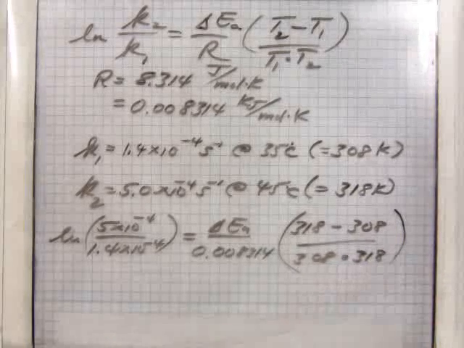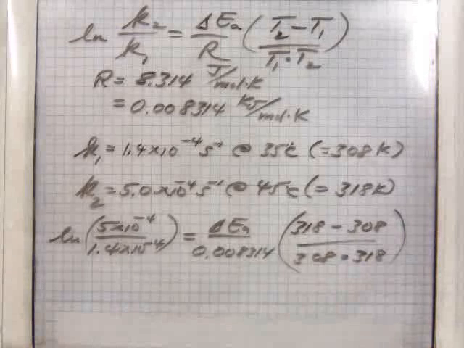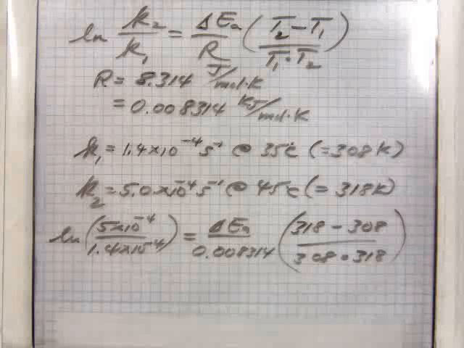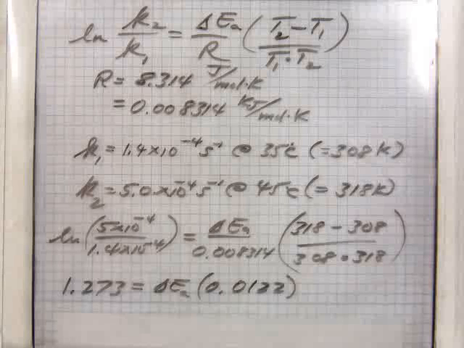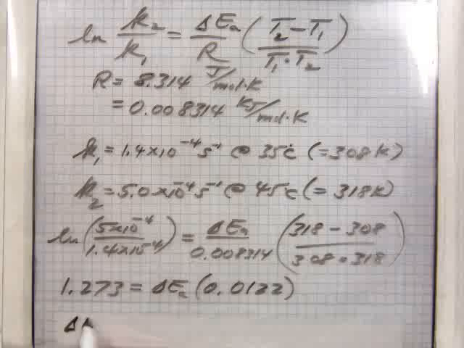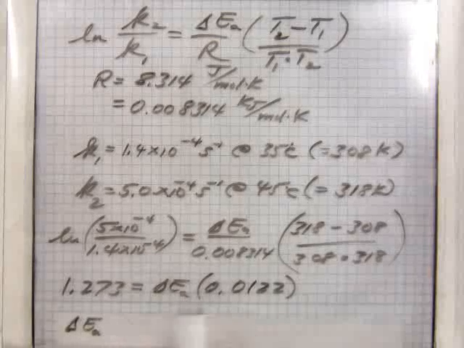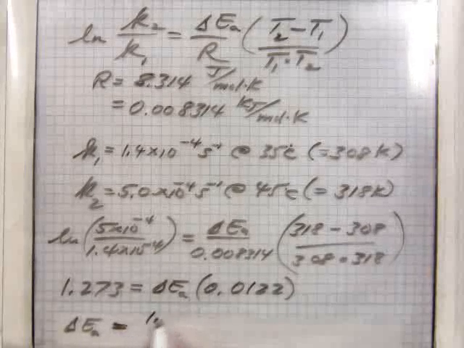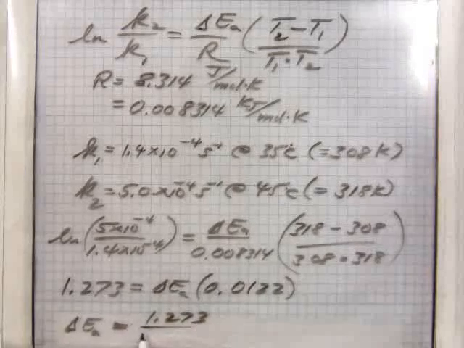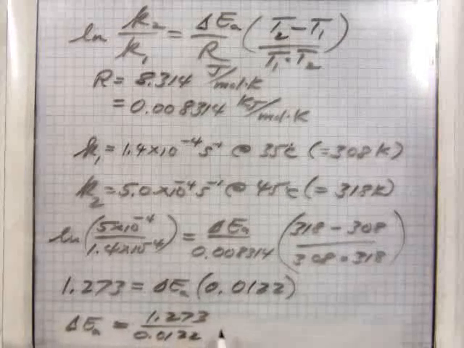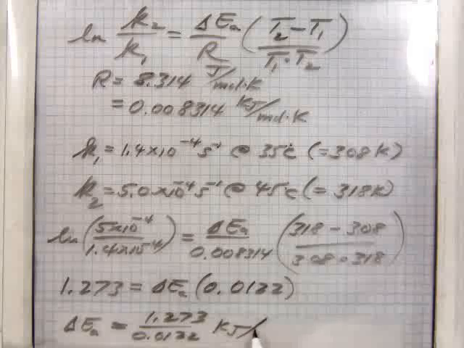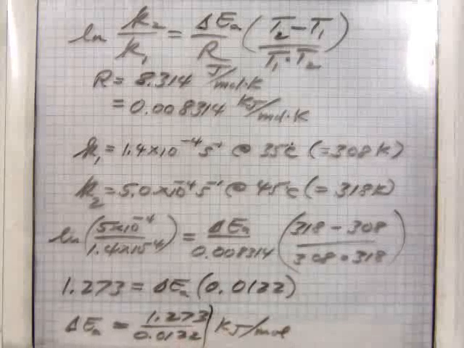So it's really just a plug and chug type problem. I would suggest simplifying however you want to approach it from there. Solving for delta E sub A, it will be in kilojoules, so that'd be 1.273 over 0.0122 kilojoules per mole.